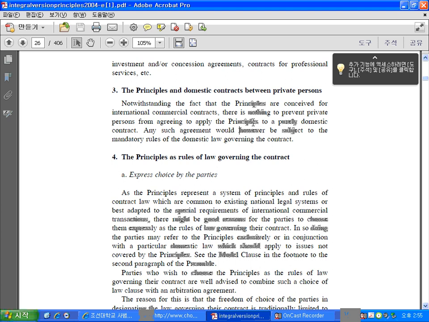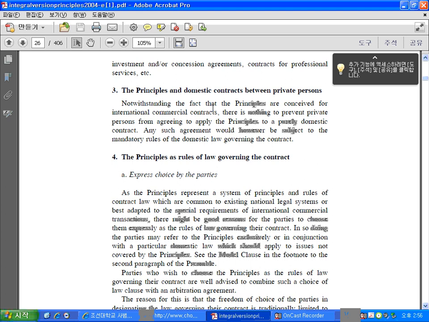The enforcement of that soft law is actually based on the agreement between the parties. So, with the agreement by the parties, the domestic contract may be governed by the principles, although they are not international in nature.